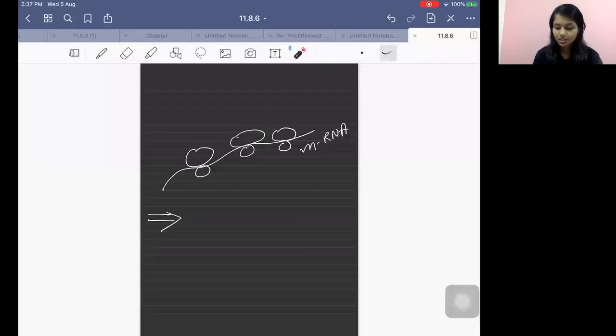Solve this question. There is mRNA and there are several ribosomes attached to the single mRNA. What do you call this? Should I answer? Polyribosome.